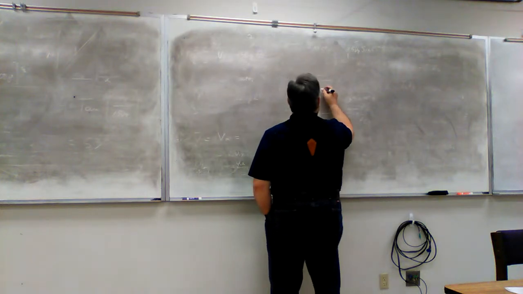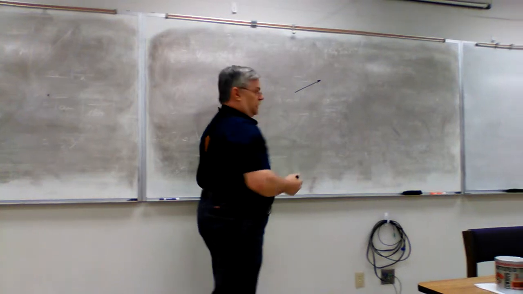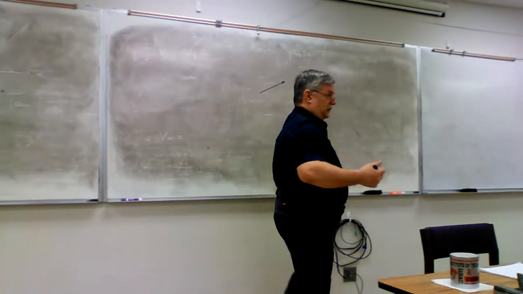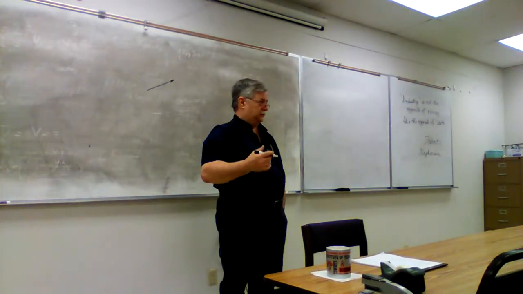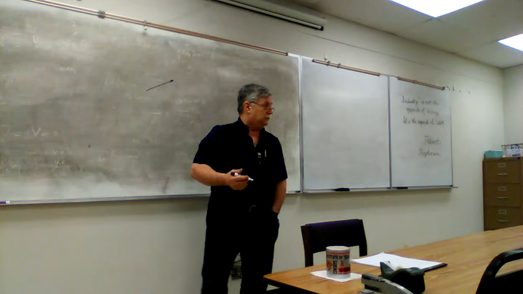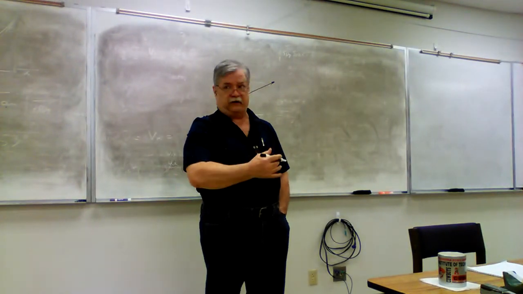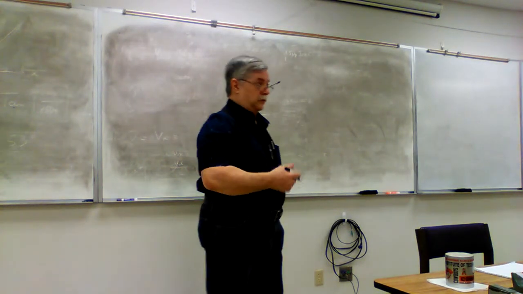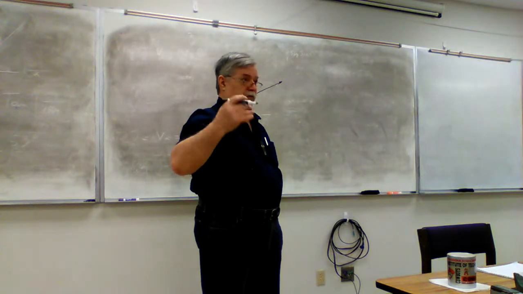In point of fact, if you multiply a vector by a scalar, you change the magnitude by that much. A scalar is called a scalar because it scales the vector up or down, depending on whether it's greater or less than 1. But it changes the magnitude of the vector.